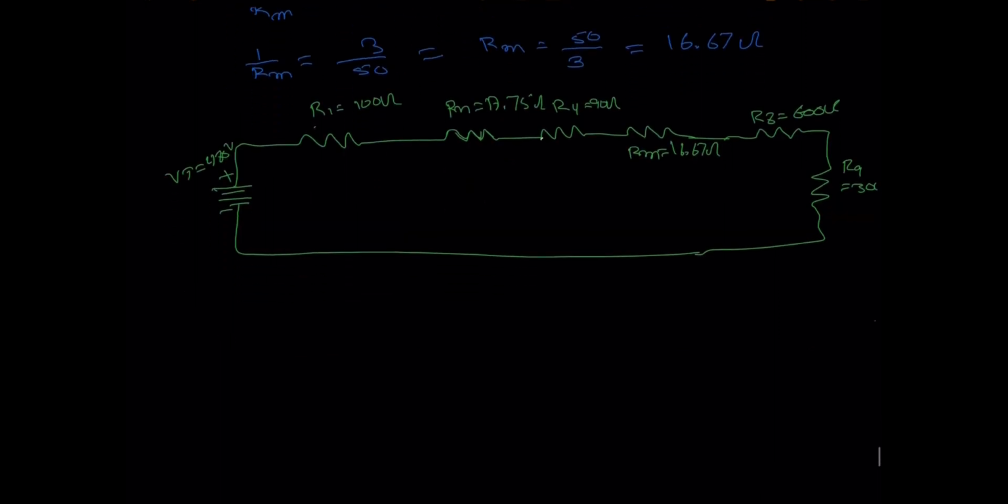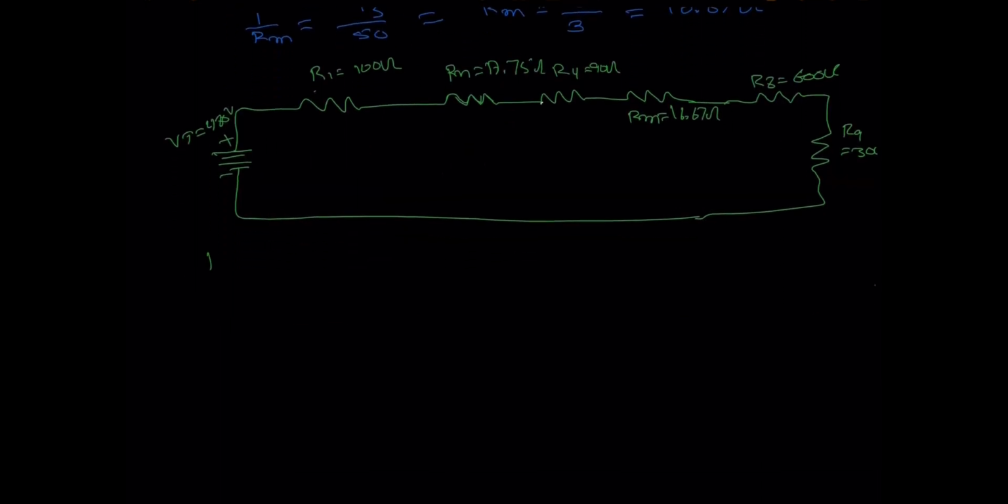So let's find the RT here. RT will be the sum of all individual resistors. It will be R1 plus Rn plus R4. Rn is 2 and 3. R4 plus Rm is 5, 6, and 7, plus R8 plus R9.